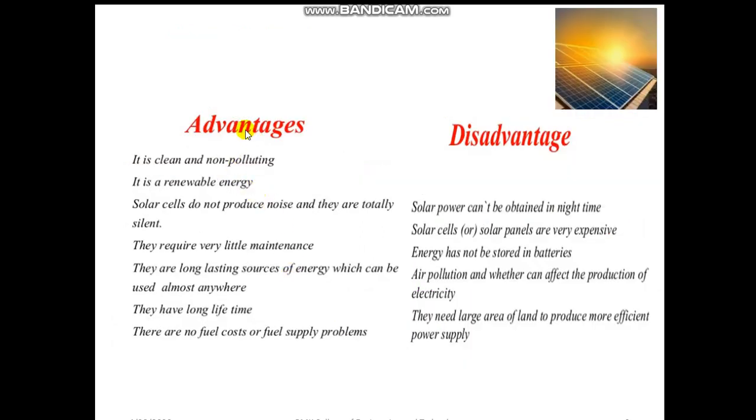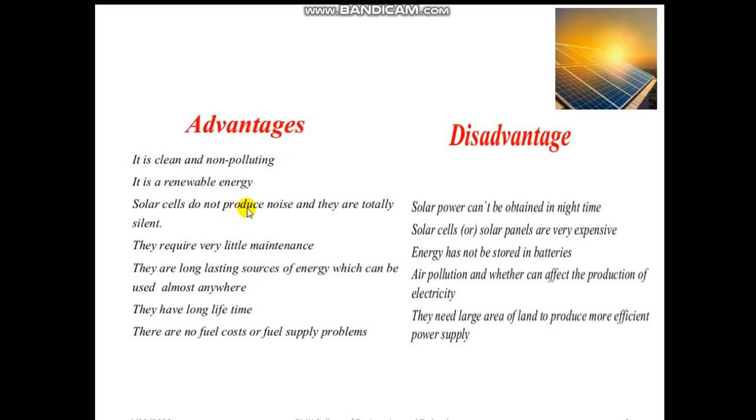Now the main advantages of solar cells. First we'll discuss the advantages, then later the disadvantages. The foremost advantage is that it is very clean and non-polluting. The solar cell looks like a very clean plate because of the anti-reflection coating placed over the n-type semiconductor. It is renewable energy, and it does not produce any noise.